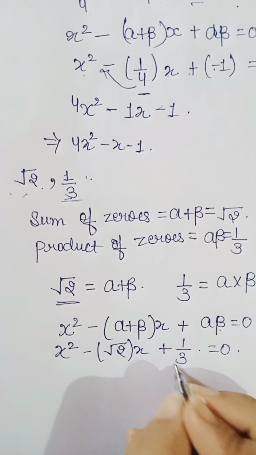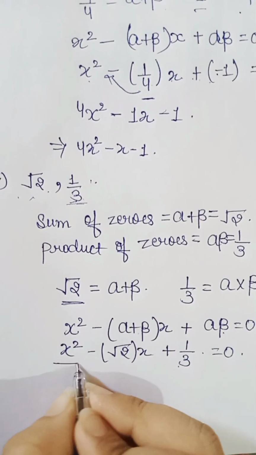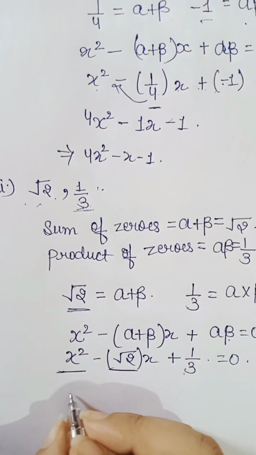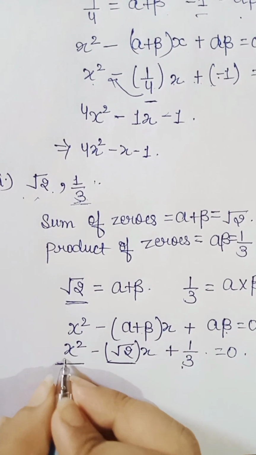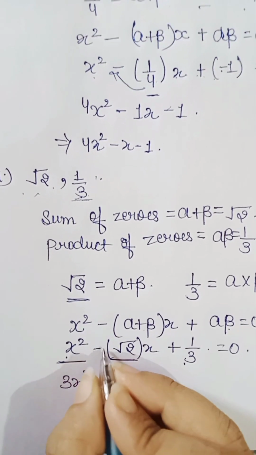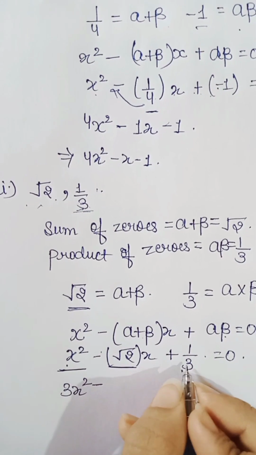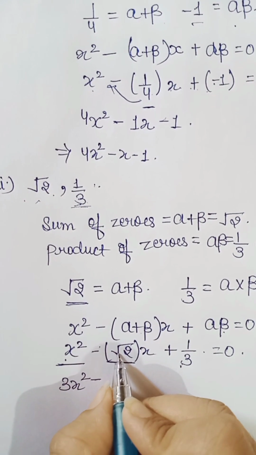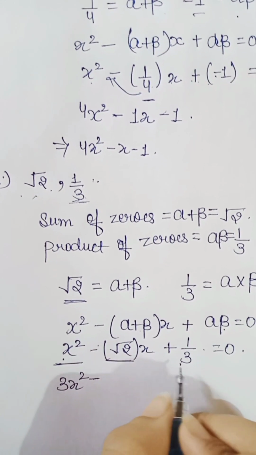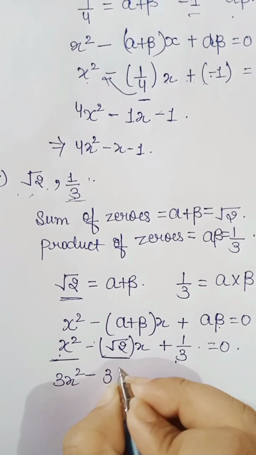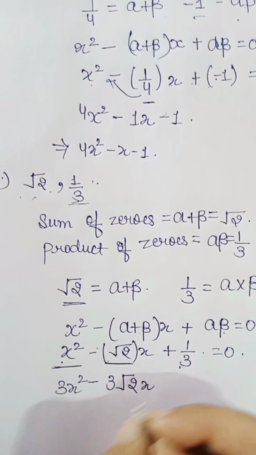Okay, now this 3 will multiply with x square and under root 2. So how can we write this? If this 3 is multiplied with x square, we can write 3x square. Now minus, as we know that any number cannot get directly multiplied by under root 2, so we can write it as 3 under root 2 x.